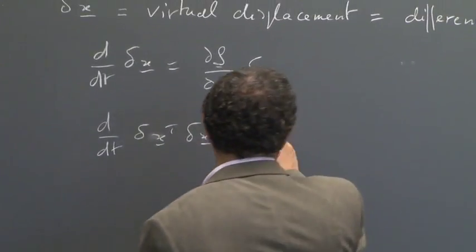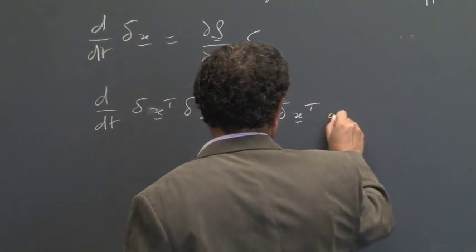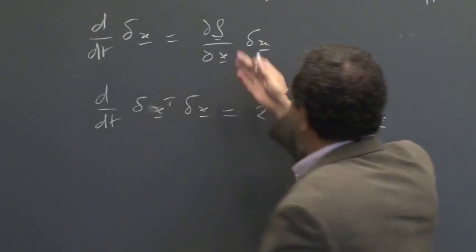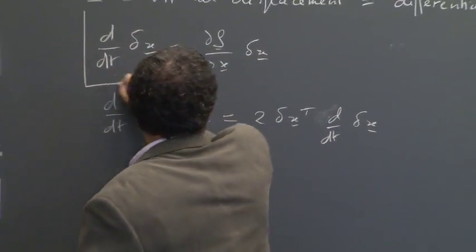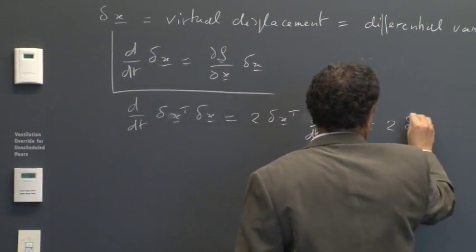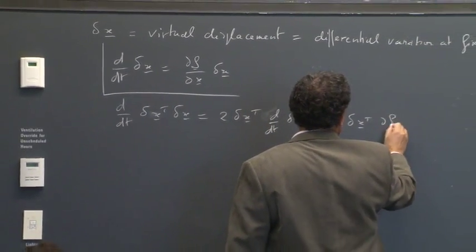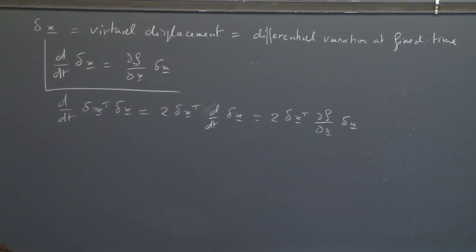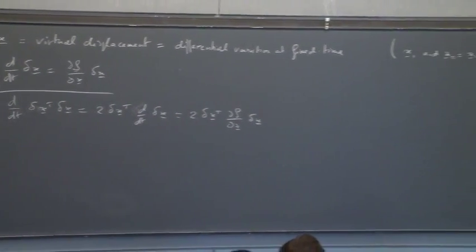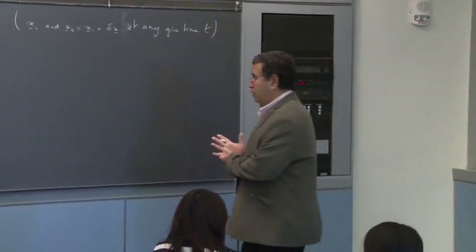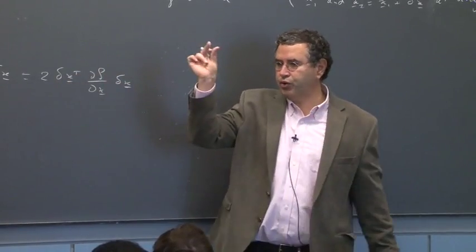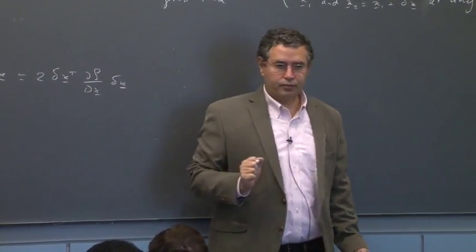So we get 2 times delta x transpose d over dt of delta x. And we just said that d over dt of delta x was equal to the Jacobian times delta x. It's basically a very usual calculation, except we do it on differentials.